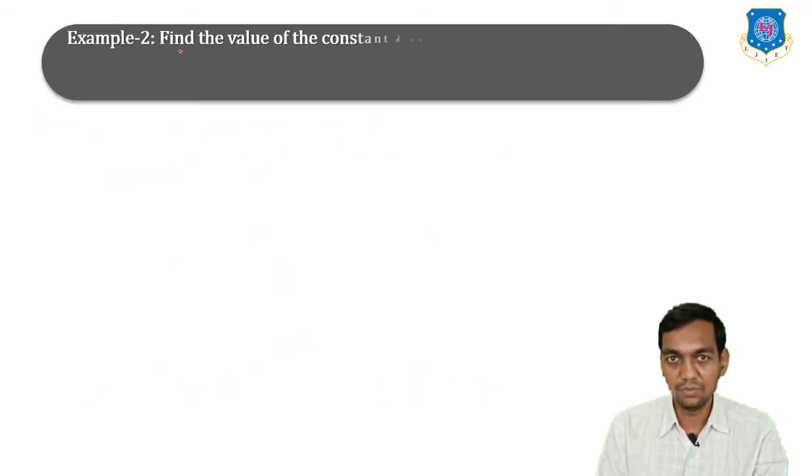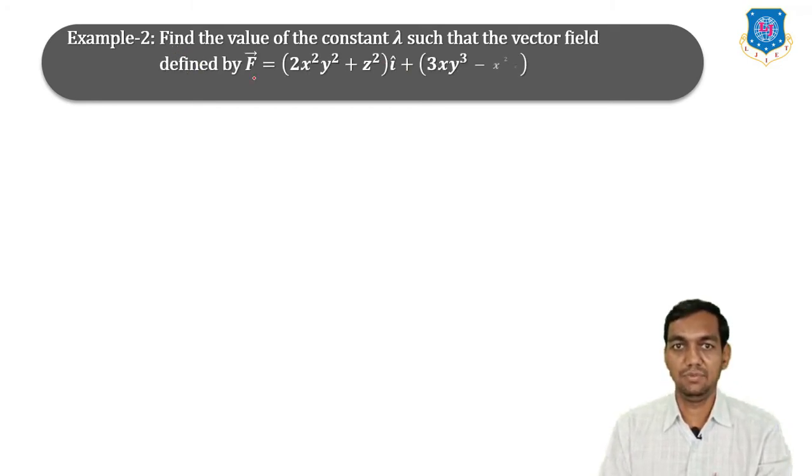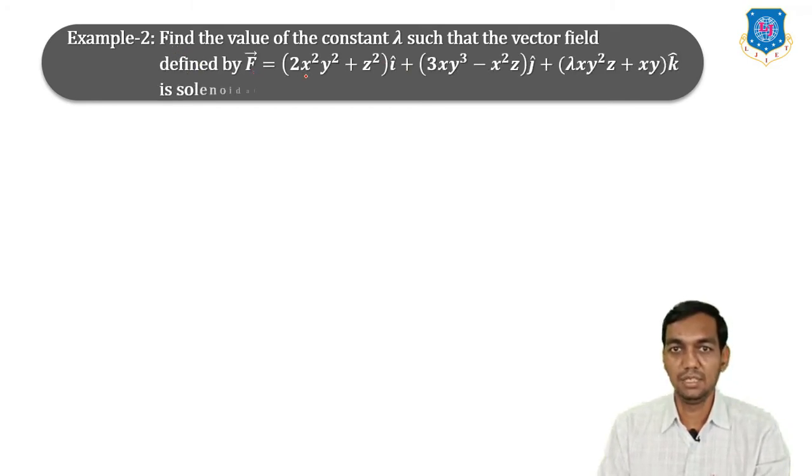Now, second example. Find the value of the constant lambda such that the given vector field f bar is solenoidal. That means the given field is solenoidal, and for what value of lambda is this field solenoidal?